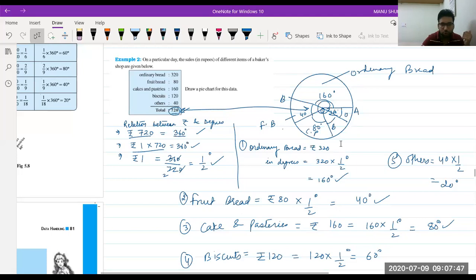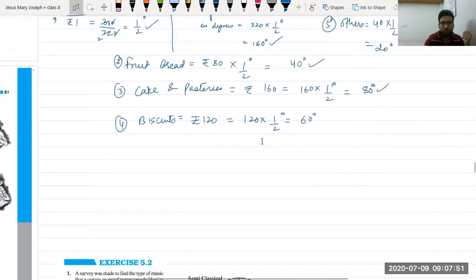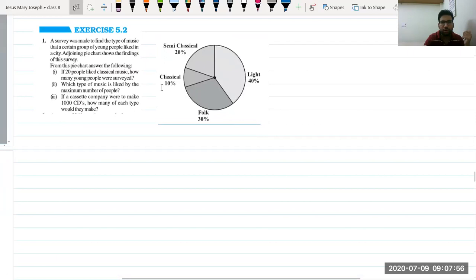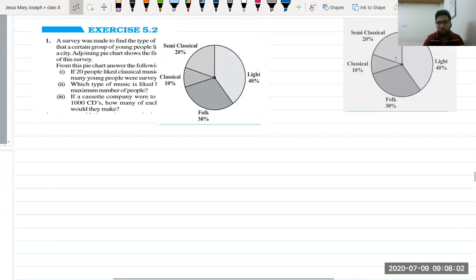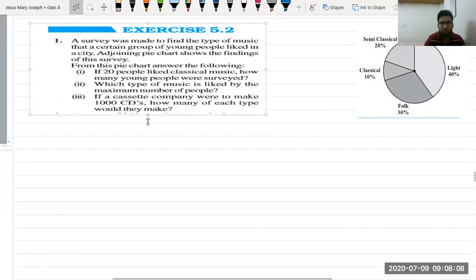Saurabh is saying okay. Good beta. Now, next question. 5.2, question number 1. In this question, already given to us is a pie chart. Let's read the question.